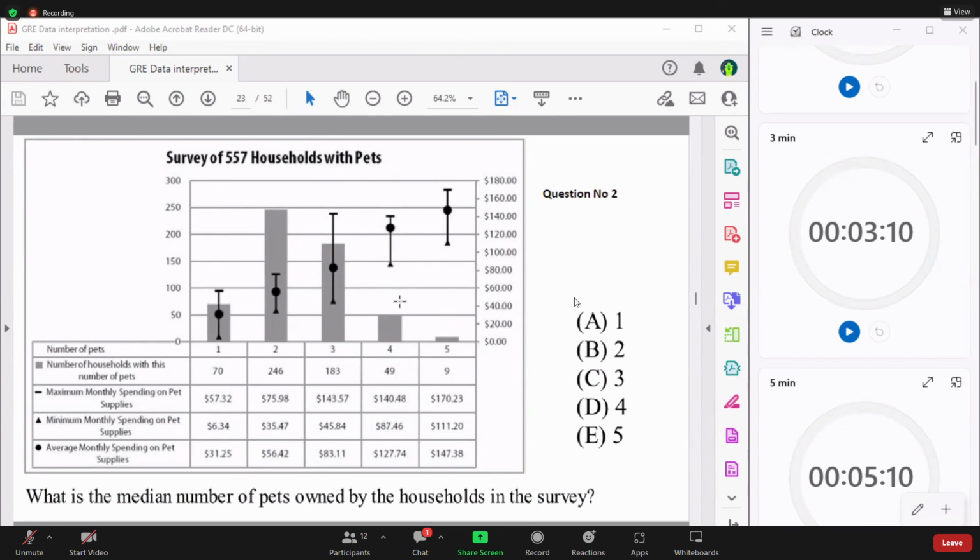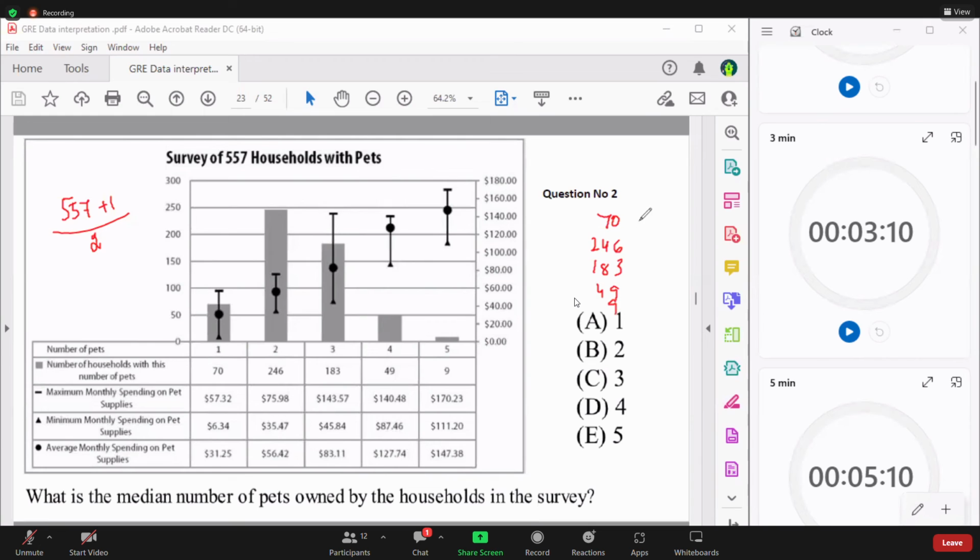Next is, what is the median number of pets owned by the households in the survey? Anyone who's done this question? Yes, sir. It's going to be 2. Why 2? Since the total number of households is 557, if you take the cumulative value, the median means it's the middle part, so it should be 557 by 2.